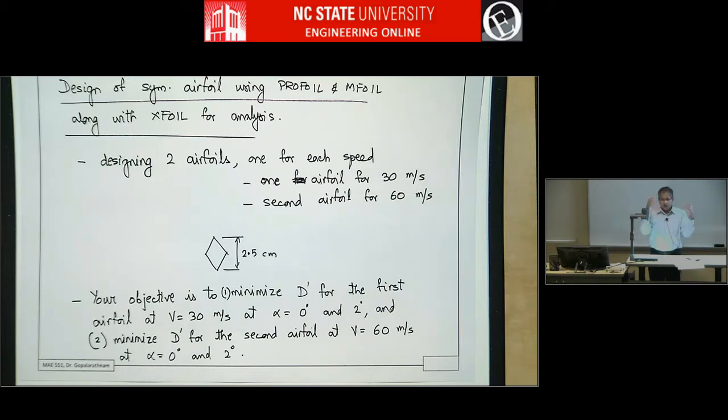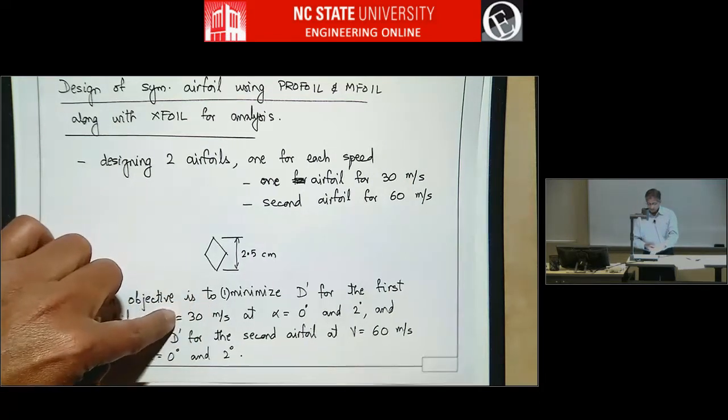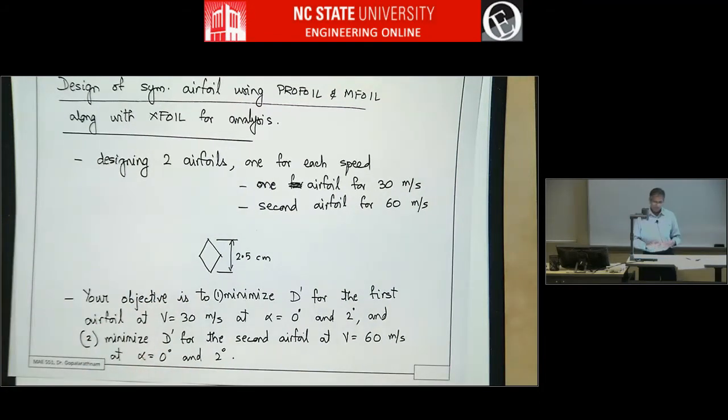So we want it to have a range of angles over which it is well behaved. And we're going to say if it's well behaved at 0 and 2, the probability is it's going to be fine in between. So we're going to use 0 degrees, 2 degrees. Airfoil 1 at this speed, airfoil 2 at this speed.